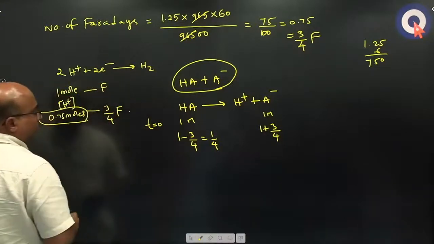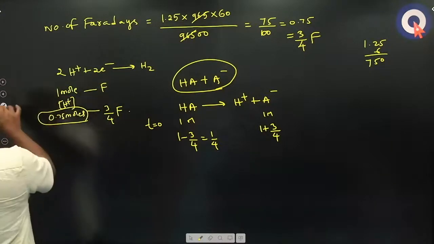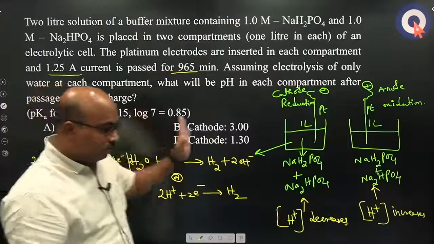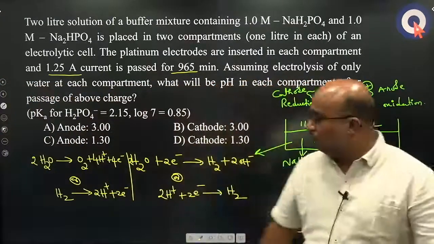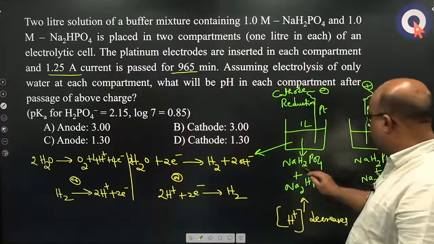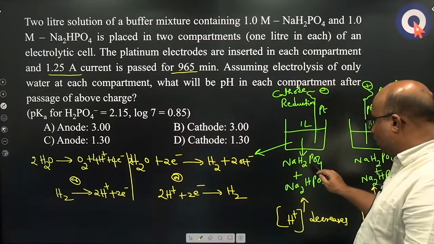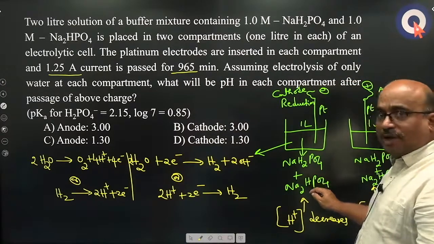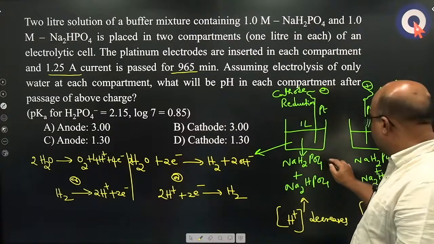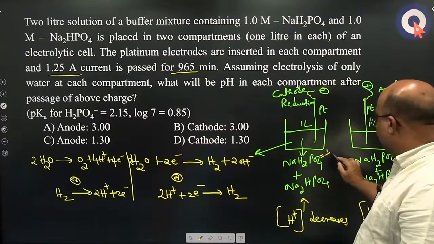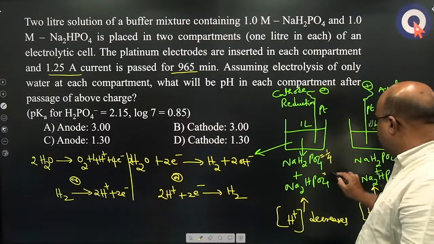So what do we see? According to the given condition, this one will decrease by 3/4 and this one increases by 3/4. So in this compartment its concentration is 1 by 4, and this concentration is 1 plus 1 by 4, that is 5 by 4.